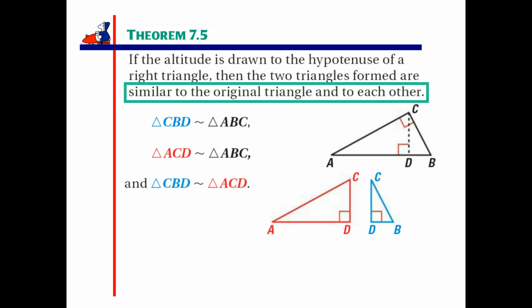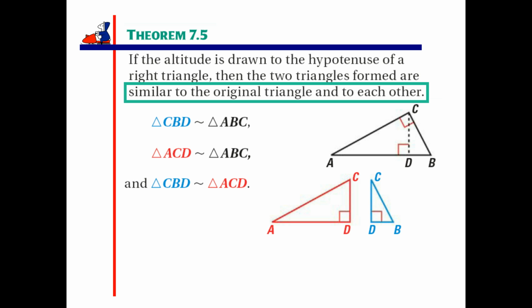And once we've proven that all three of these triangles are similar to each other just by simply dropping an altitude through that right triangle's right angle, we can now write any proportion statements for any combination of these three, so long as we're conscientious of which parts correspond to each other.